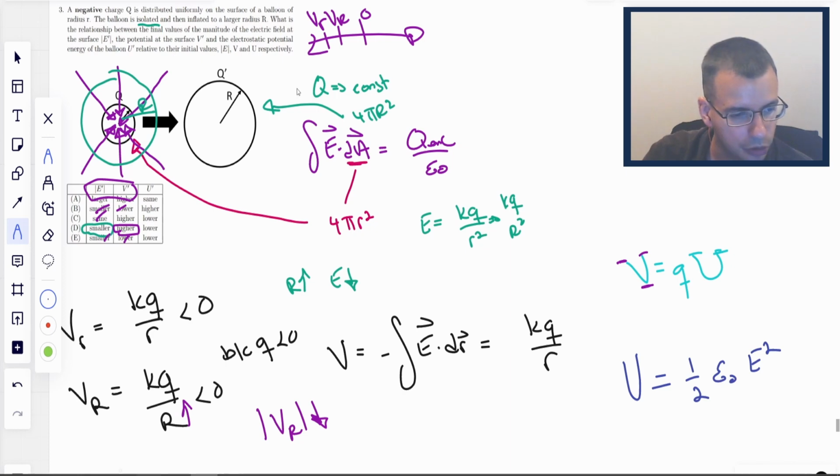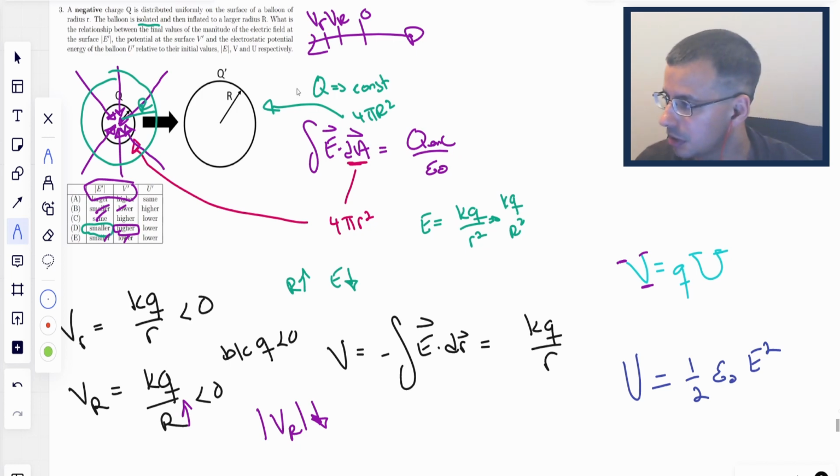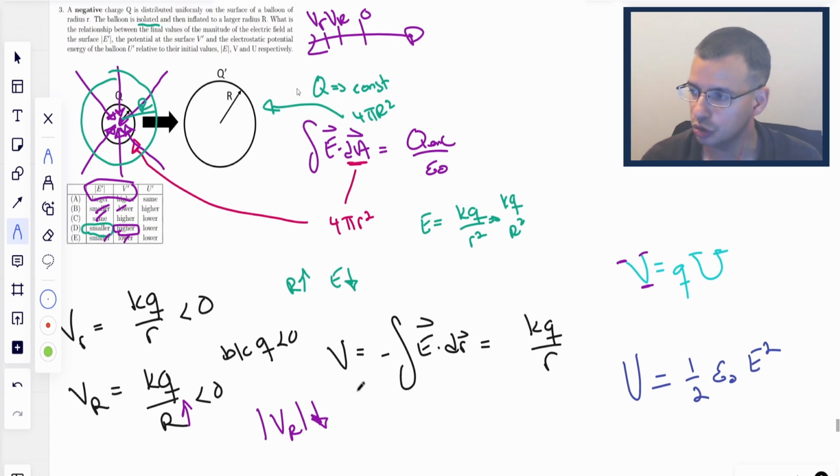I should probably look that up real quick just so I don't go too far astray. Potential energy in terms of electric field. And yes, true. I think so. Mostly true.